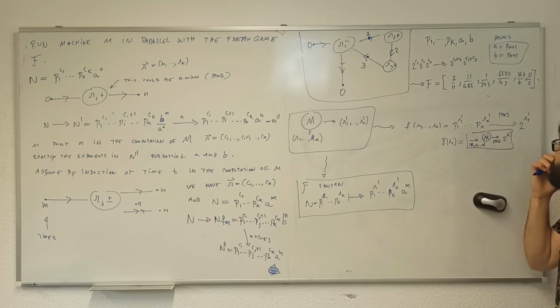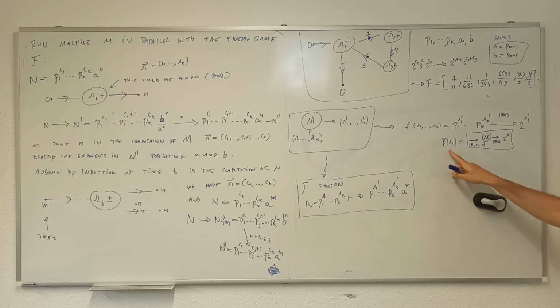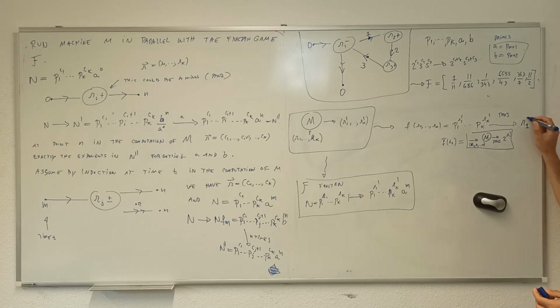Okay, so that would be a computable function. What you do is you just map it. I just do the projection, put it to r1 prime.